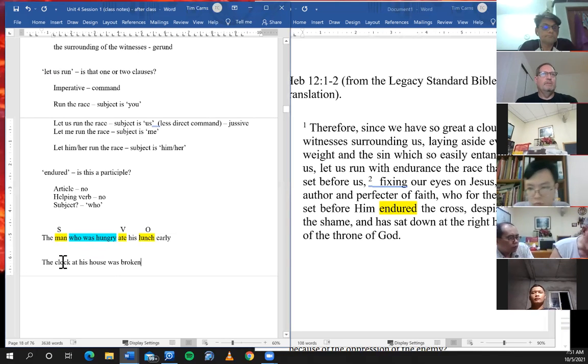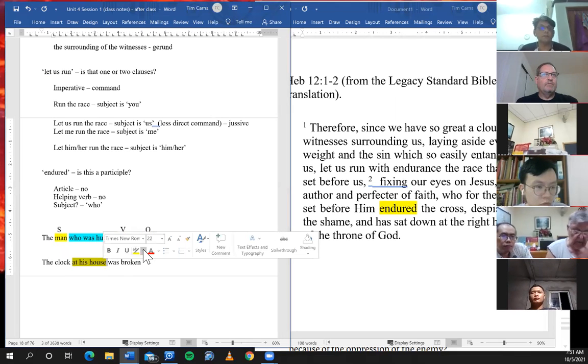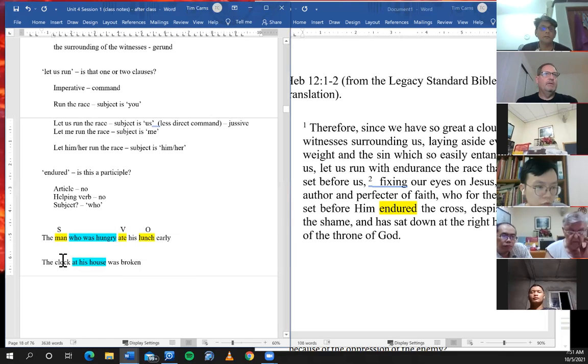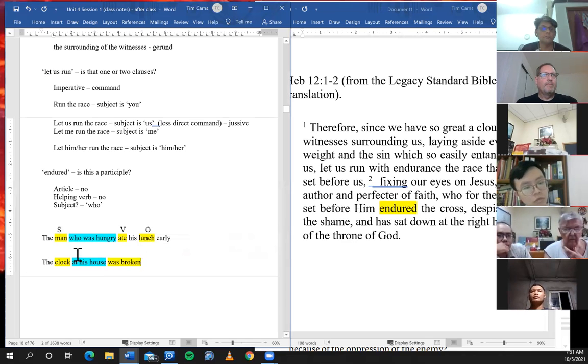Again, notice we have a phrase here, at his house, which has been inserted between the subject of the clause and the verb, was broken.